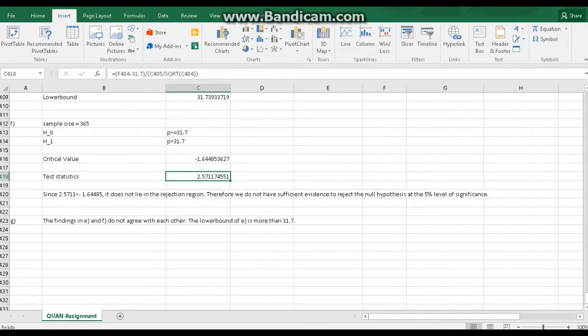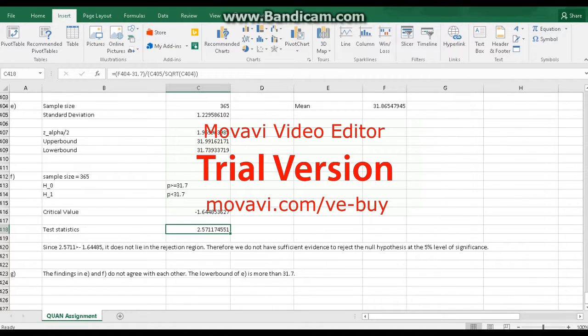Therefore, we do not have sufficient evidence to reject the null hypothesis at 5% level of significance. The findings in E and F do not agree with each other, as the lower bound in E is more than the claim of 31.7. So that's it.